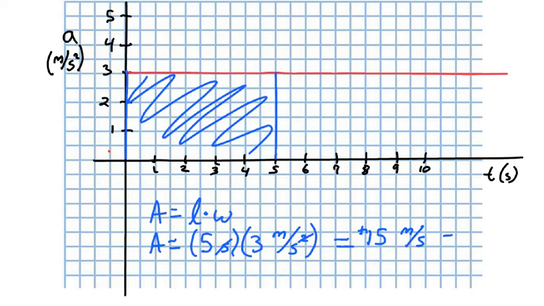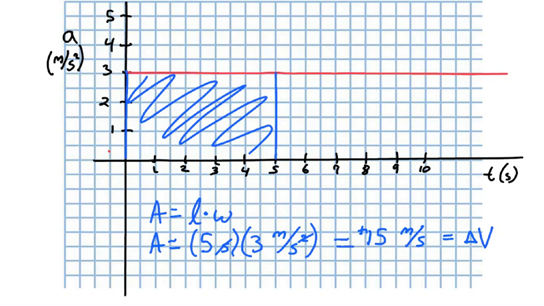This area represents not the velocity, but the change in velocity. Just like on a velocity graph, the area represented the change in position, not the position itself, but how much the position changed during that time. Well, here, during the time from 0 to 5 seconds, our velocity changes by plus 15 meters per second.